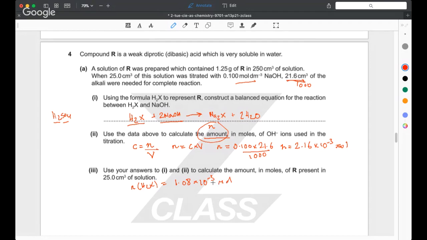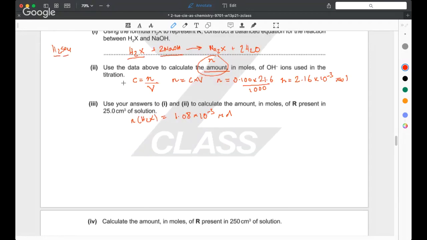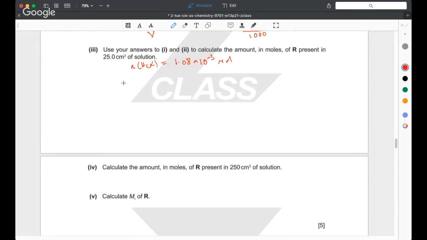And that was the amount that you had in 25 centimeters cubed. So if that's the amount that you had in 25 centimeters cubed, the amount that you had in 250 centimeters cubed, of course, is 10 times that. So that's the amount that you've got in 250 centimeters cubed.